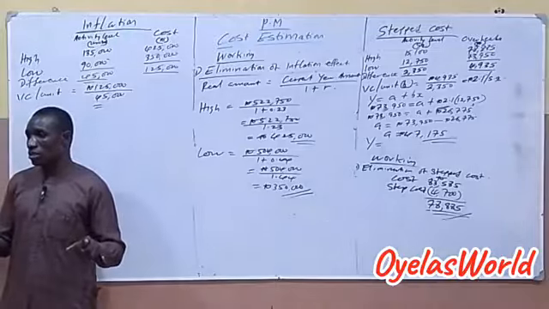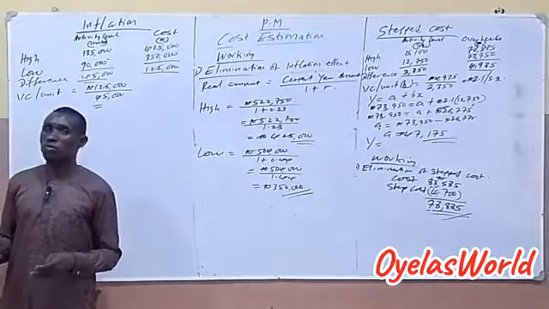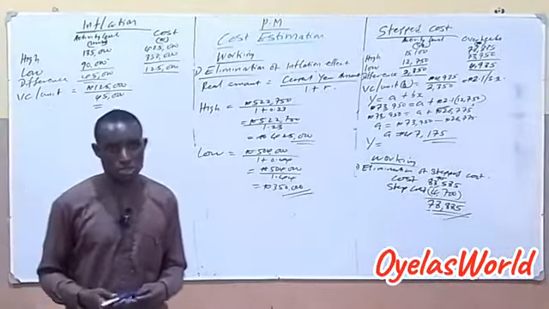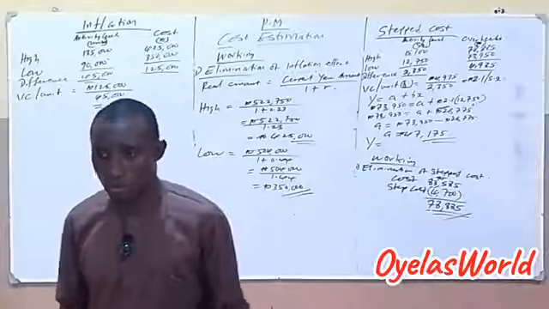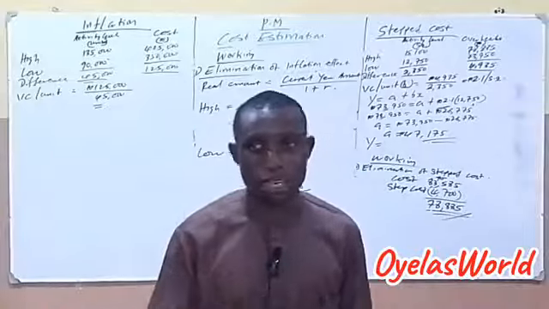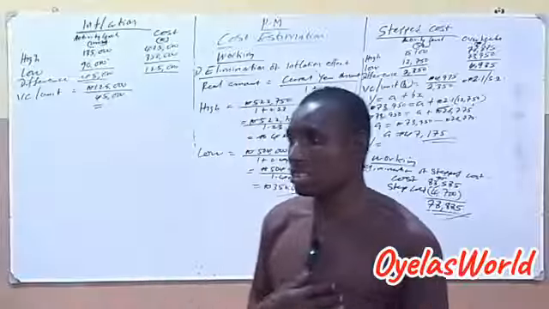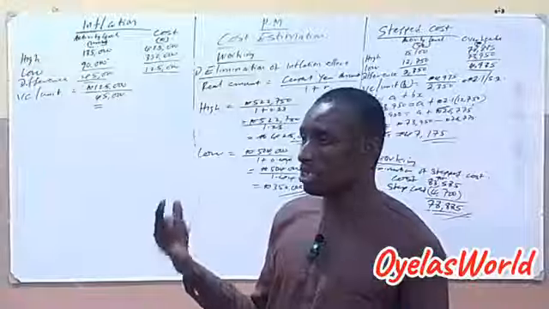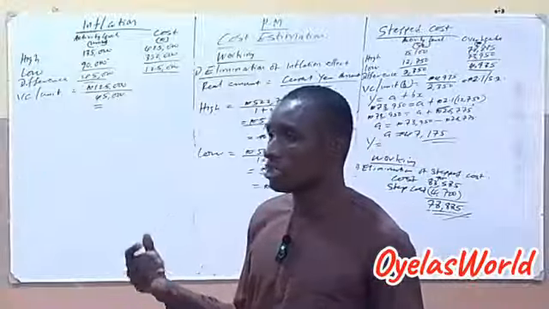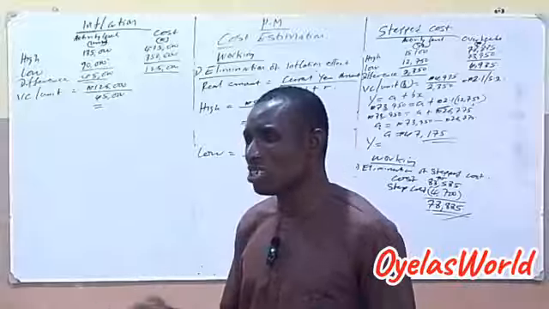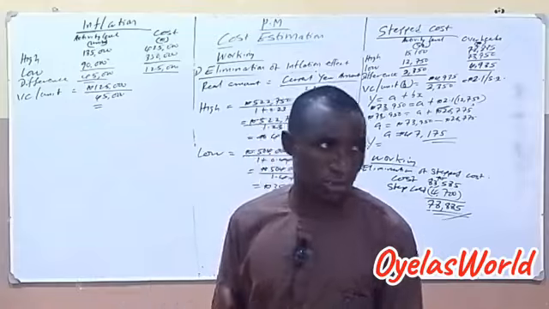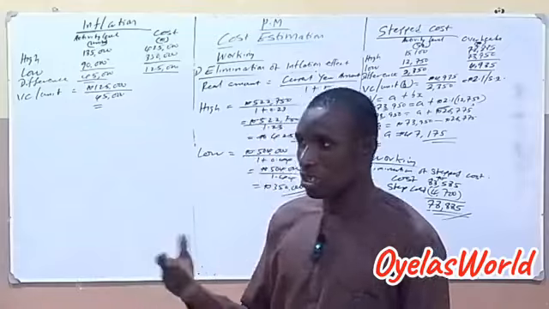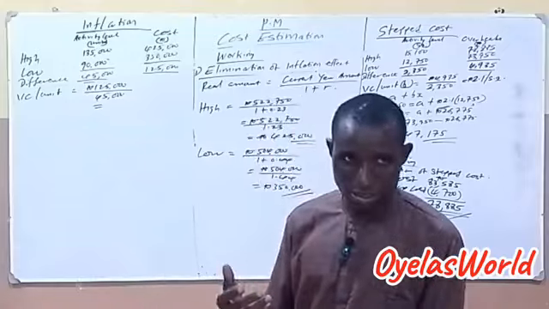Please, when you have figures like 1.777 something or any figure, use 4 decimal places. I'm saying it because if you use the rounded figure, like 1 naira point something, you may not really get the actual figure. This is approximation, but this is what actually happens most of the time.